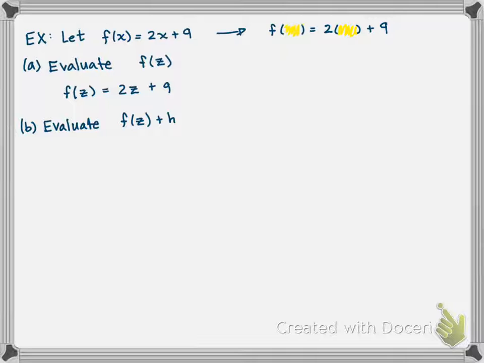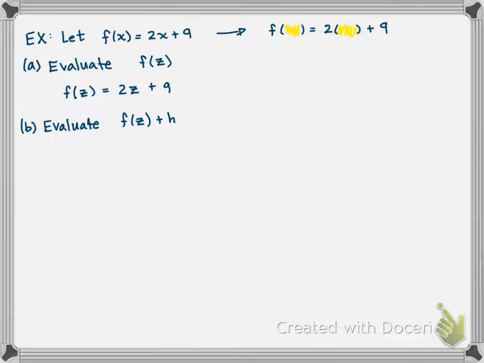Yeah, it's just z. This one can be a little bit tricky because that plus h, you feel like you should do something with it. But what this is really saying is input z into f, because the only thing in the parentheses is that z. And then whatever output you get, which is represented by that f of z, you're just going to add h to that. So we're just going to tag on a plus h after we evaluate.